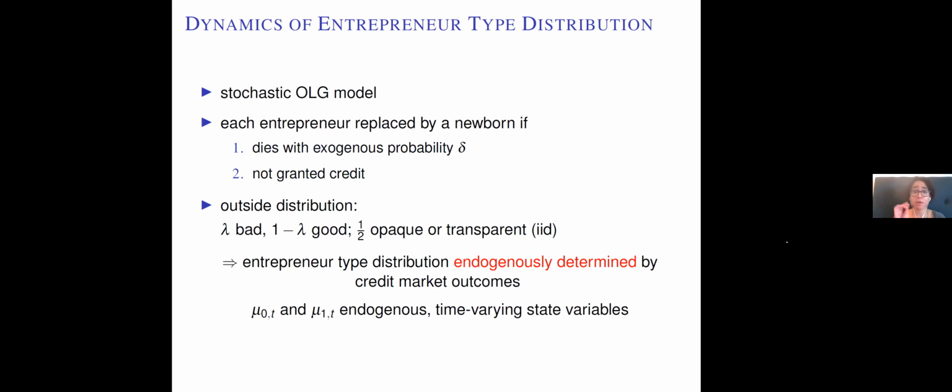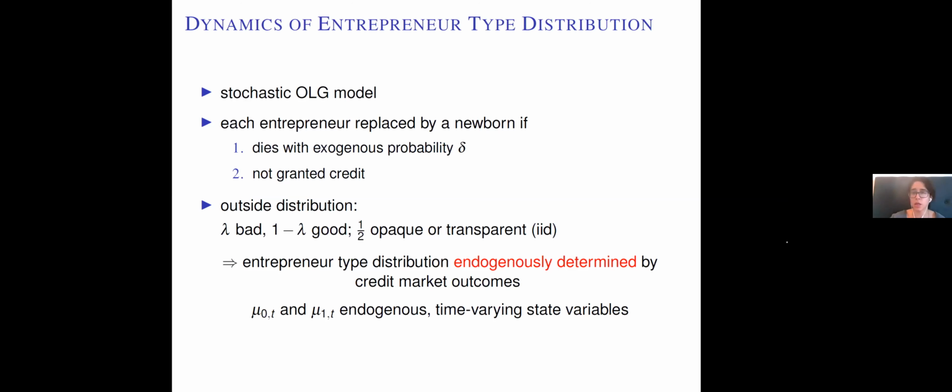Now let's think about the dynamics of the entrepreneur type distribution. This is a stochastic OLG model. Each entrepreneur is replaced by a newborn under 2 circumstances. They can die exogenously with probability delta. Any entrepreneur might die. Or, and this is an assumption, if an entrepreneur is not granted credit, it is going to die.